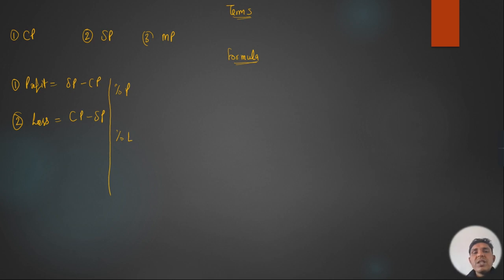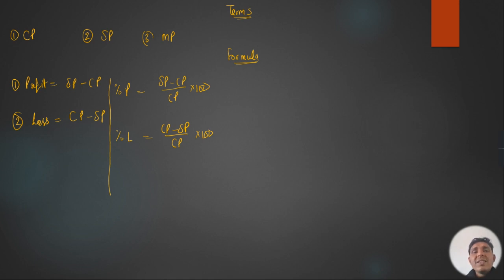Here percentage profit and percentage loss are calculated on cost price. So percentage profit will be selling price minus cost price divided by cost price multiplied by 100. And percentage loss will be cost price minus selling price divided by cost price multiplied by 100. Both are calculated on cost price. That means both will be divided by cost price.